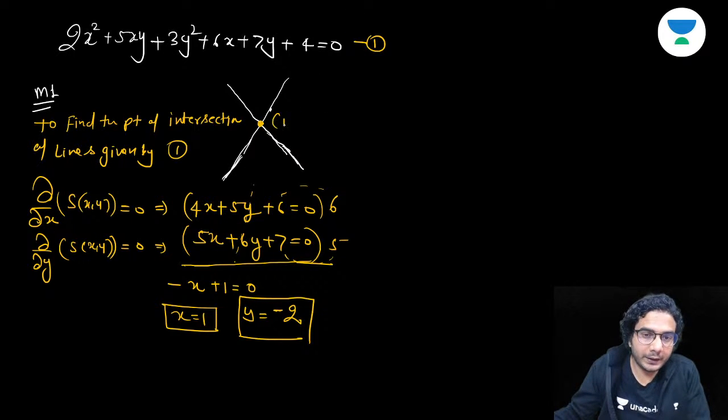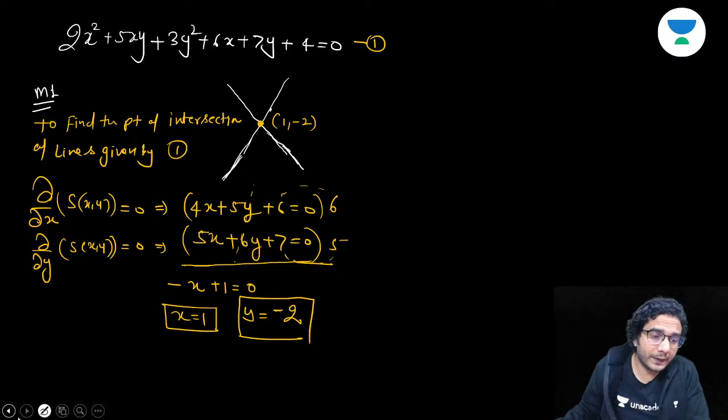Good. Now we need slopes. So this was the method to find the point of intersection. Now how to find slopes? Can you tell me how to find slopes?